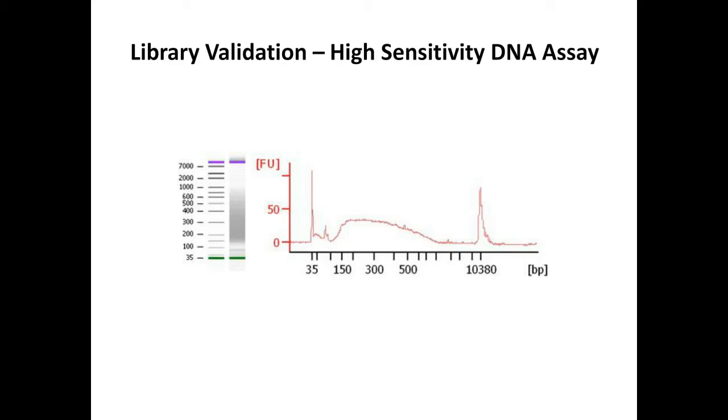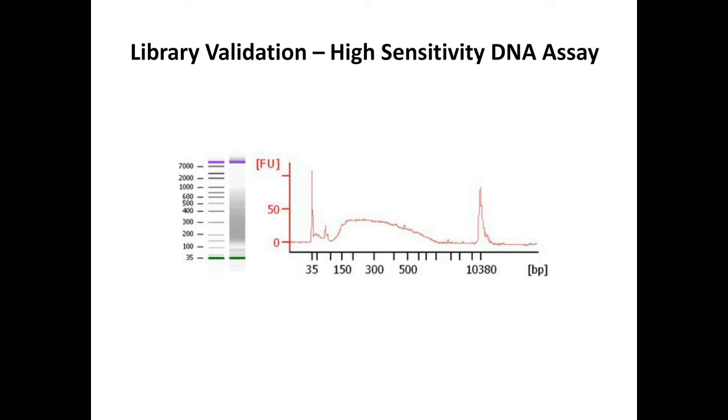We check all the cDNA libraries that we generated to make sure that they have high quality, and when you do this DNA assay, you see the product, which indicates that there is enough material for sequencing. And then we followed this protocol for data processing.